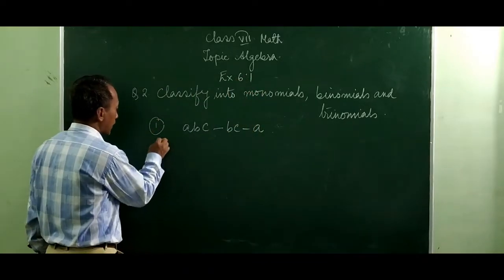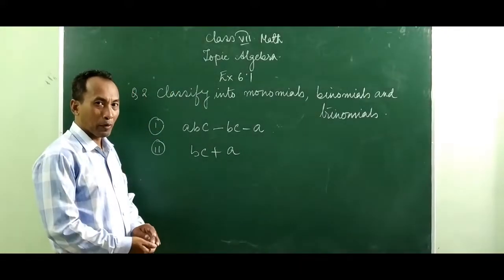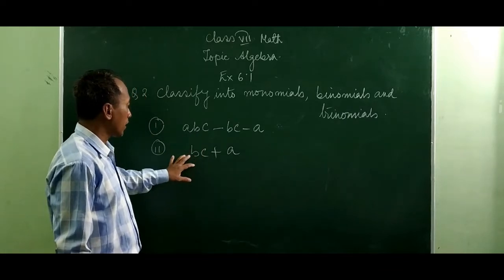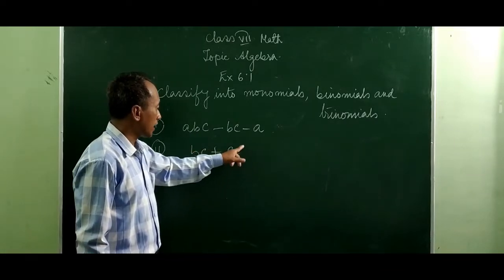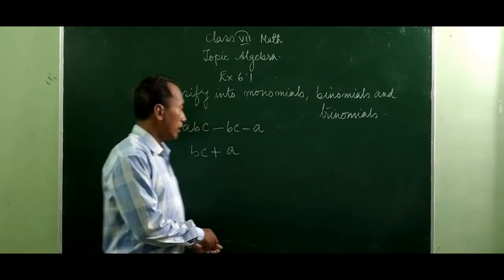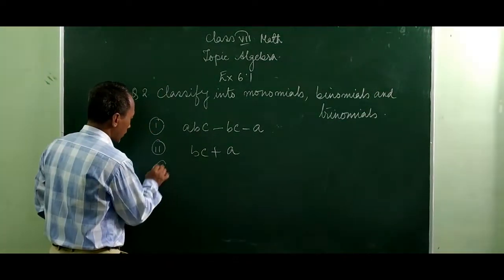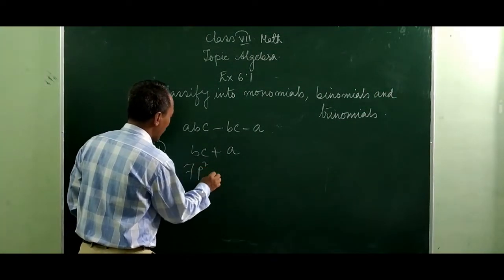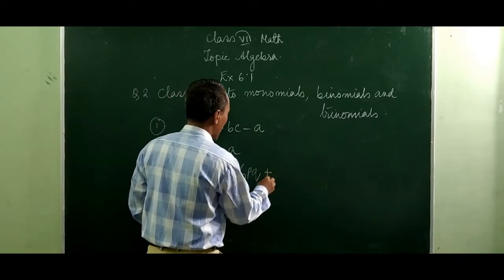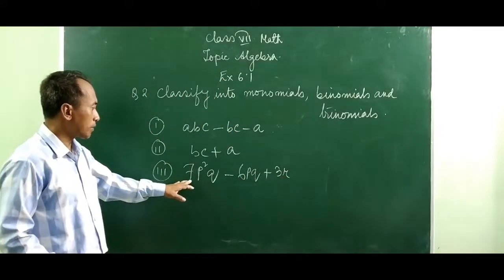If in the question it is given bc plus a, I am just giving you an example, bc plus a. So, you find out how many terms are here. One term plus another term. Two terms are there, so it is a binomial. If in your question it is given like 7p square q cube minus 6p cube plus 3r, again you find out how many terms are here.